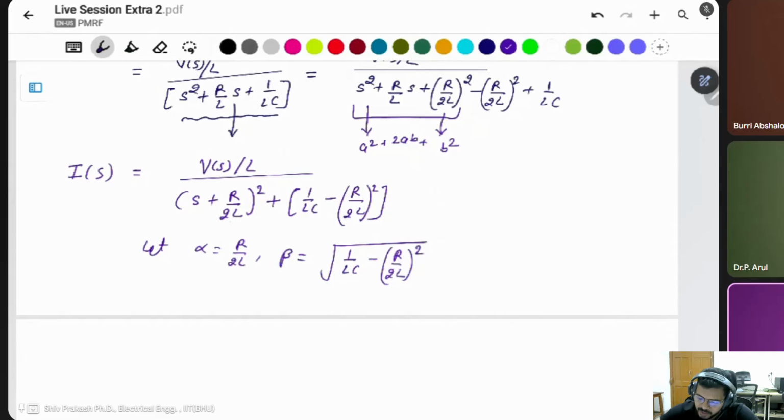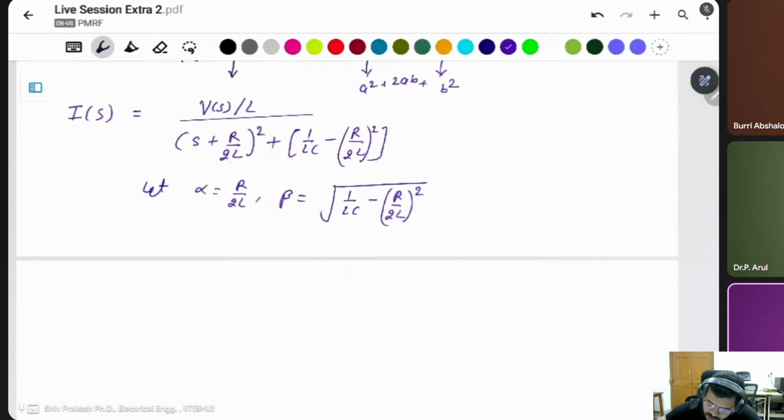Alpha is equal to this one, beta is equal to this one. Then this equation will be simplified as s plus alpha squared plus beta squared.